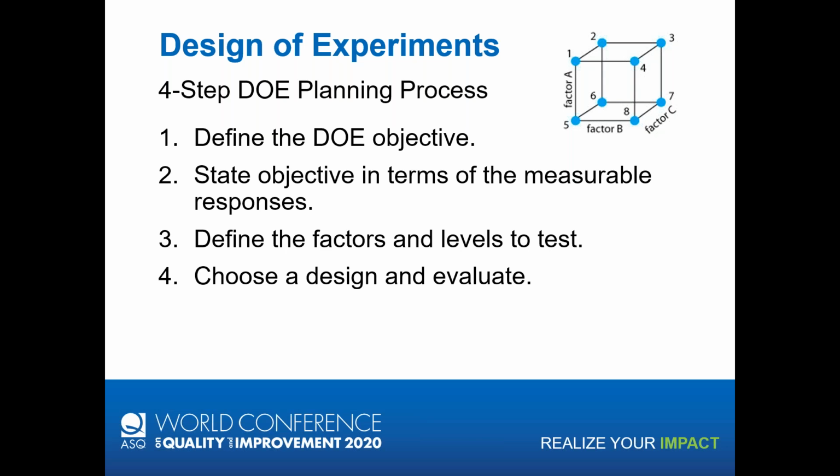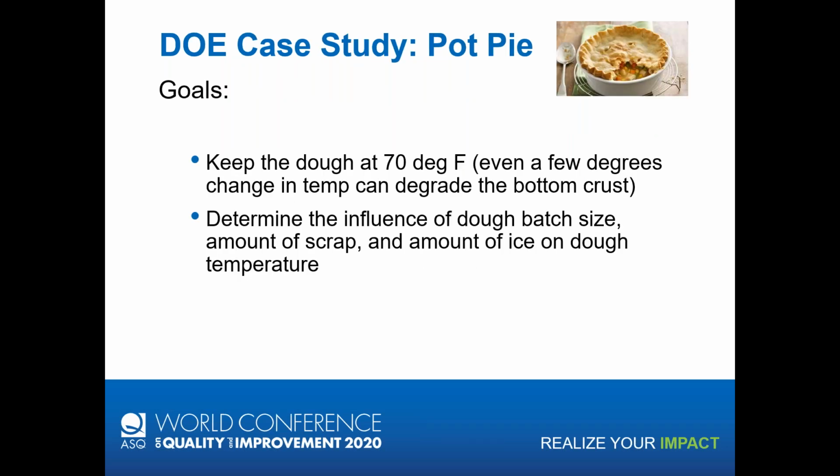Then step 3 is then to define the factors that you think will influence those responses and what ranges you want to test over. And then finally, given all of that information, we get to choose a design and make sure that the design is going to hold up well. So we have a few evaluation things that we can do when we look at designs.